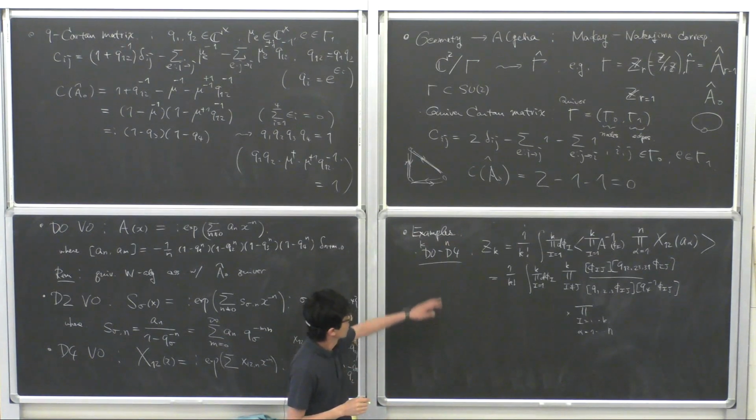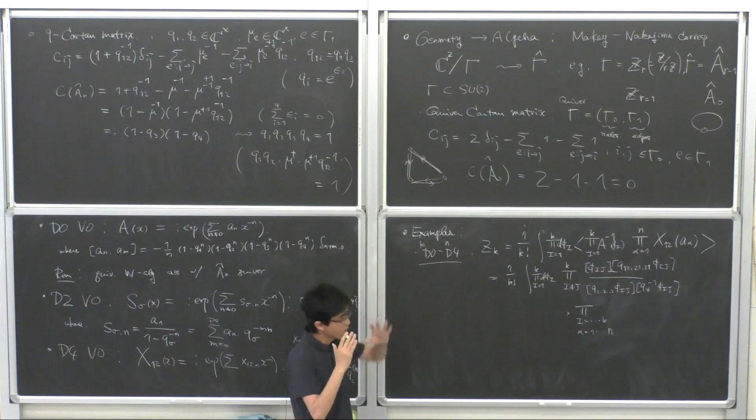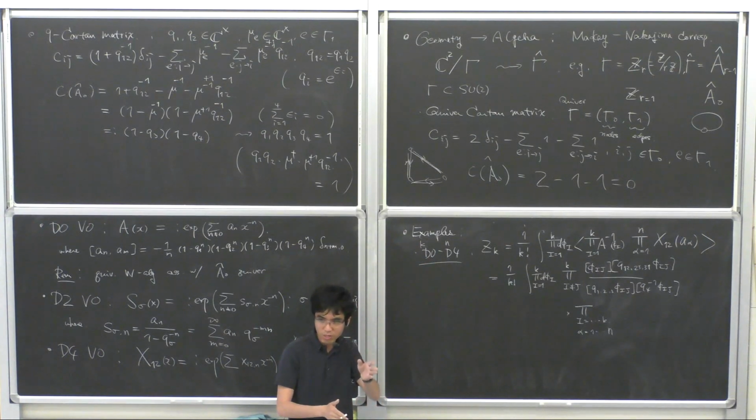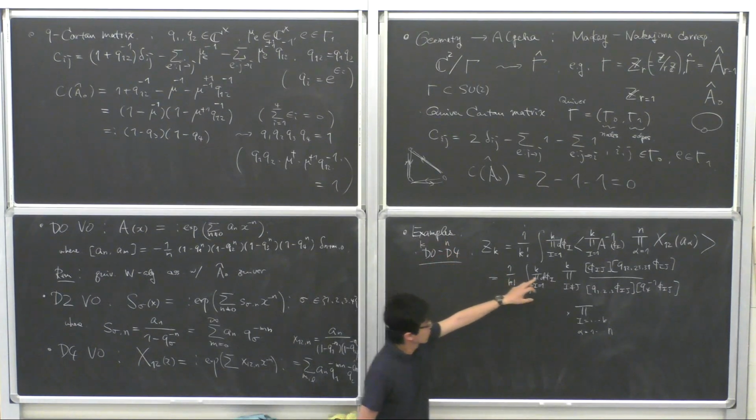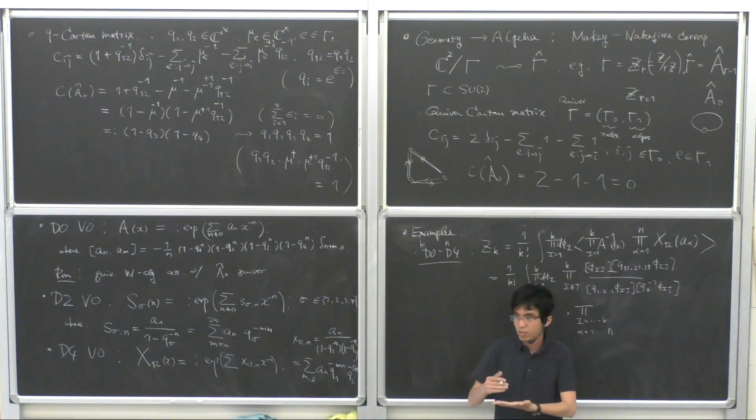Sorry, k? Now we are talking about a k-instanton sector partition function. K is fixed, and now we are thinking of n D4 branes.